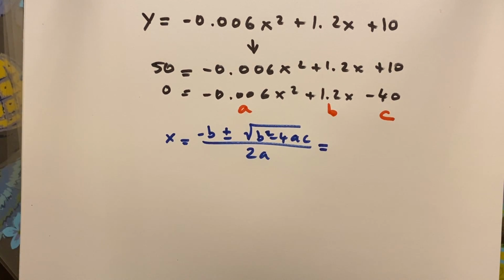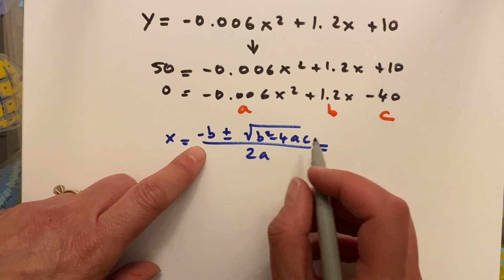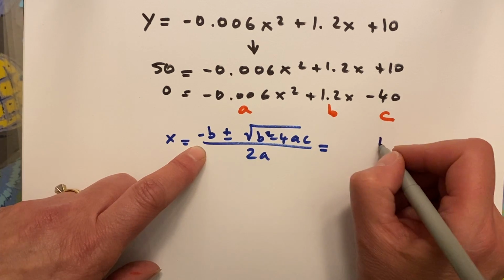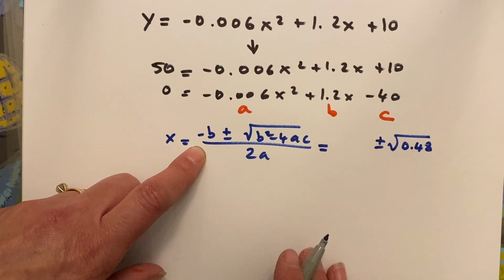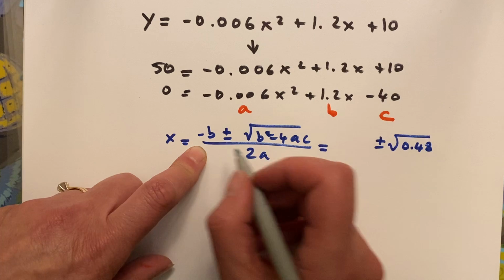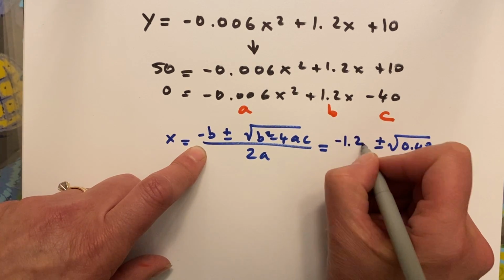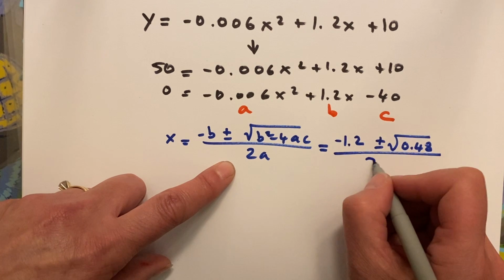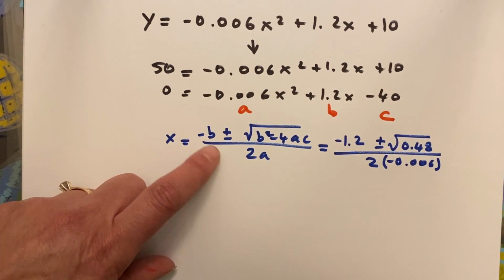Well, we've already found out what goes in here. So we're just going to substitute our point. It's going to be plus or minus square root of 0.48 because we found it out in the previous problem. Negative b, well, b is 1.2, so negative 1.2 over 2a, 2 times negative 0.006.